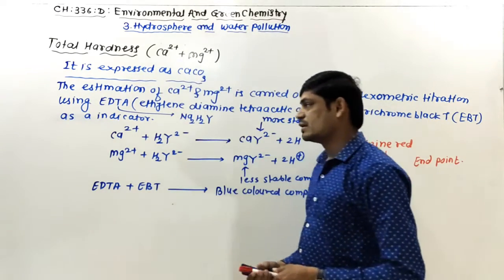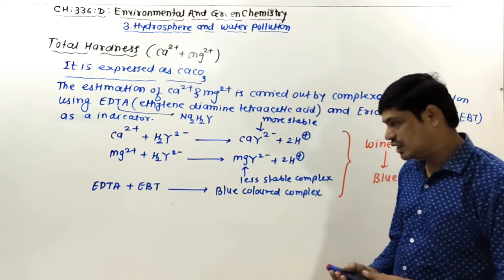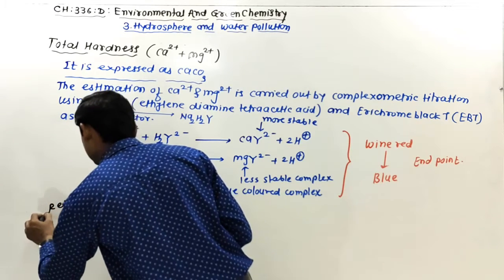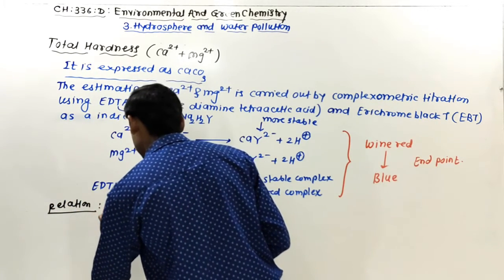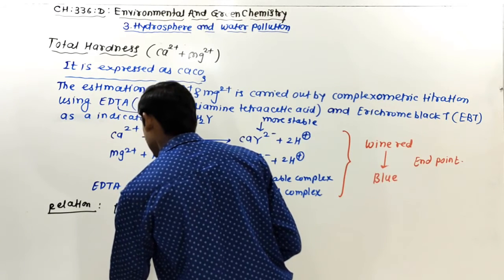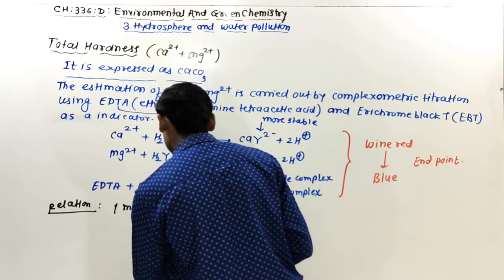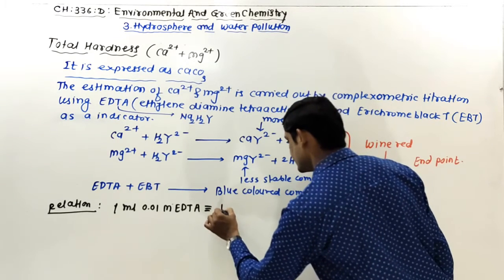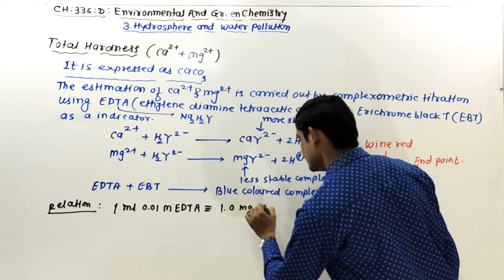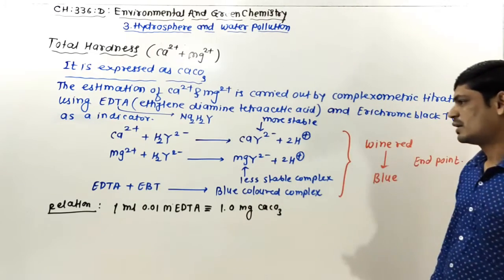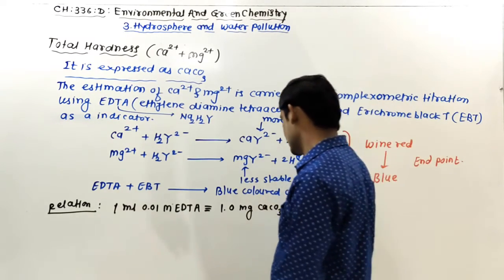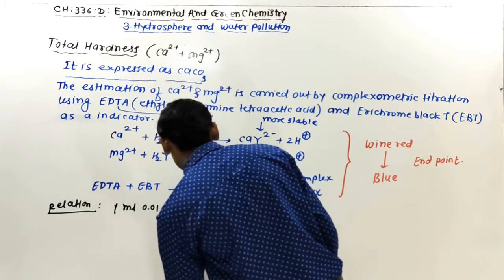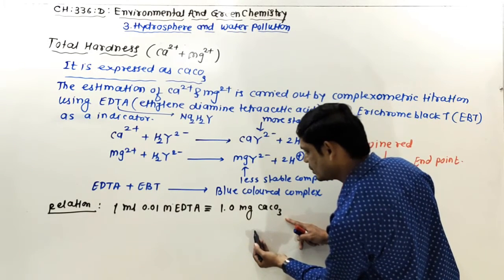So we can calculate the Ca2+ and Mg2+ by using a relation. What will be the relation for that? Suppose 1 ml of 0.01 molar EDTA is taken. It gives 1.0 milligram of calcium carbonate. In this way, we can calculate for the calcium also.